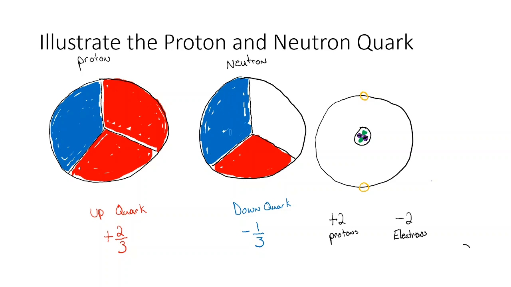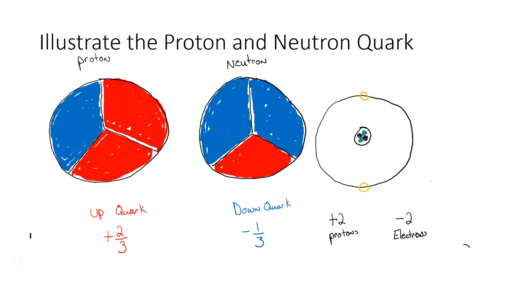Okay. And the neutron is made up of two down quarks and one up quark. Okay, so this is where it kind of begins to come together.